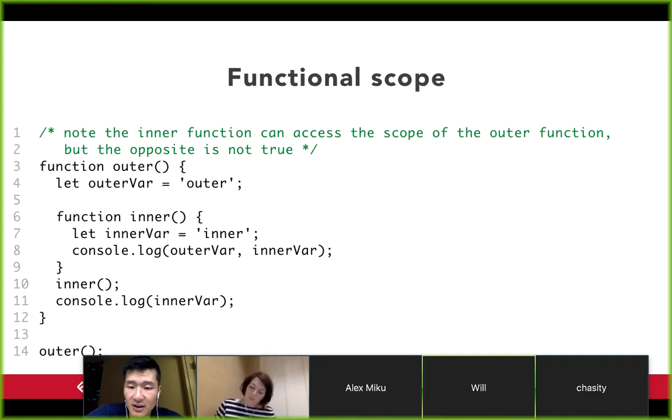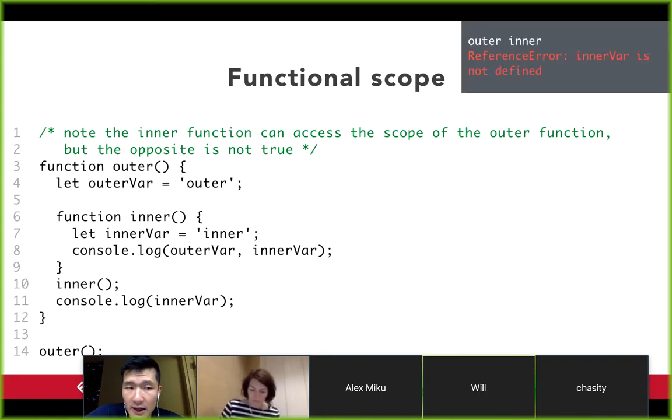Basically, everything inside the inner function is going to be a black box. And because I don't see it, it doesn't exist to me. So when I console log out inner var on line 11, I get back this error that says inner var is not defined. The outer inner that you see printed on the first line comes from line 8, and the error that we see comes from line 11.